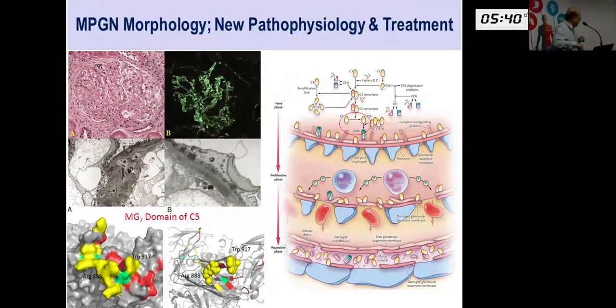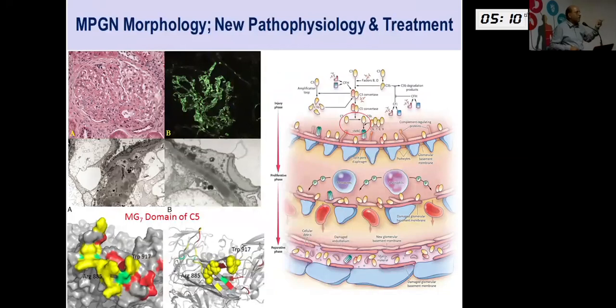This is the picture of eculizumab epitope. Eculizumab blocks C5, this particular domain, MG7, and that picture is from X-ray crystallography. This molecule is available to all of us to use. Just before I left my hospital in Australia, we had a request for this particular molecule for a lady who had C3GN, and we looked at the cost.